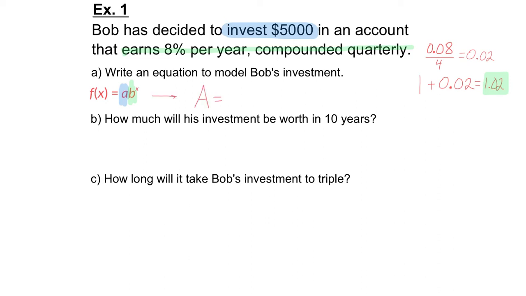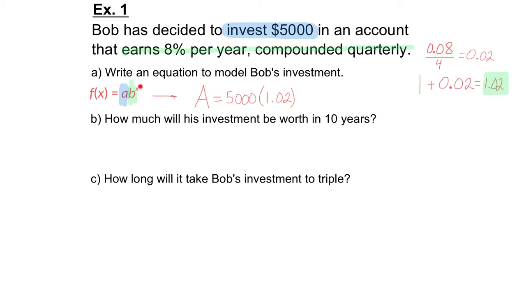So let's start with an equation. I'm going to use a capital A to represent the final amount of money that the investment is worth. So instead of writing f of x, I'm going to write capital A. My initial value was $5,000. My growth rate was 1.02.